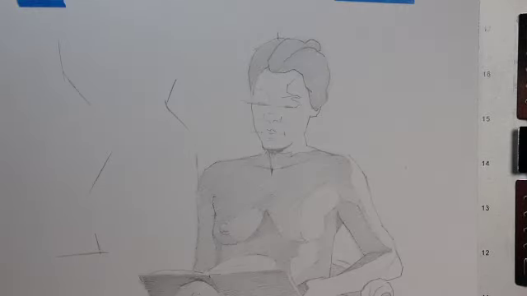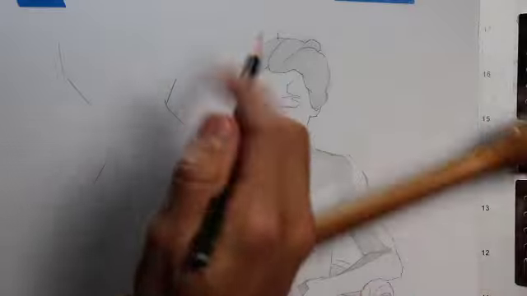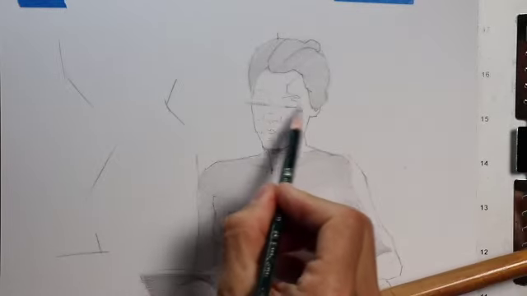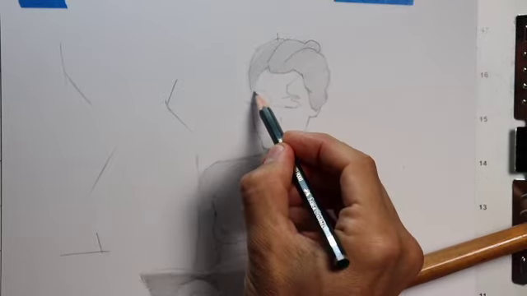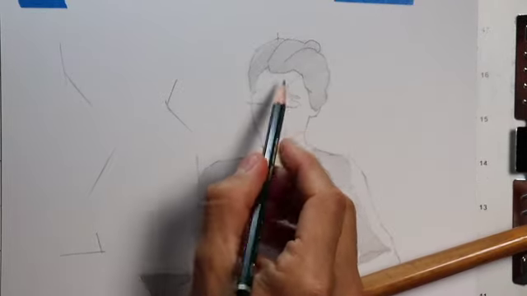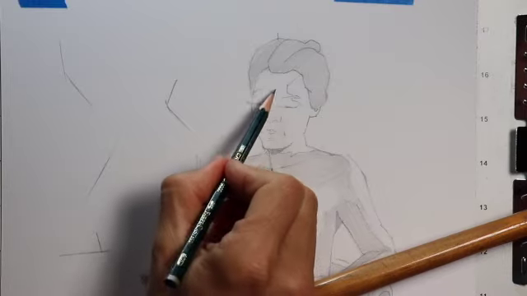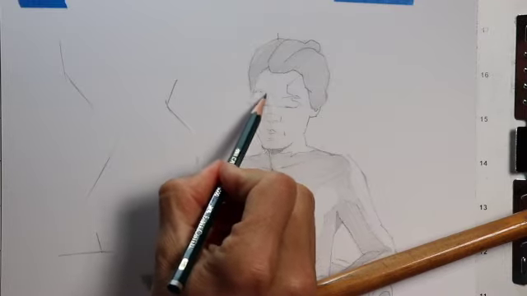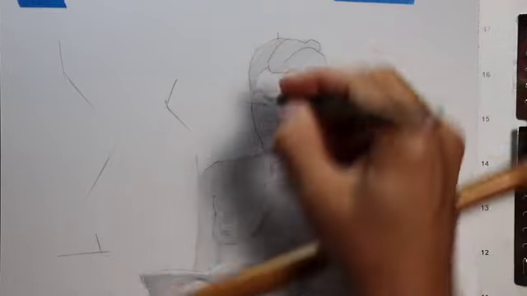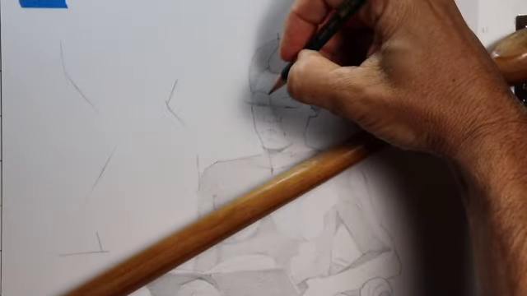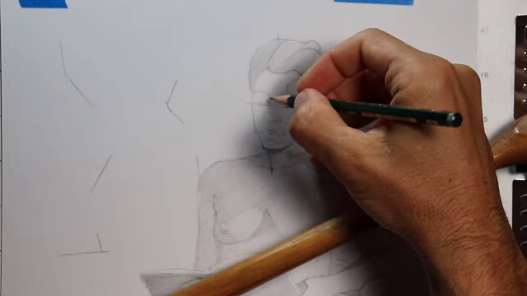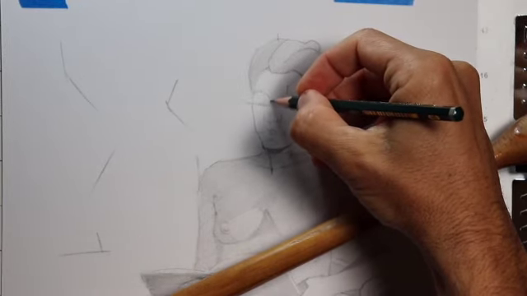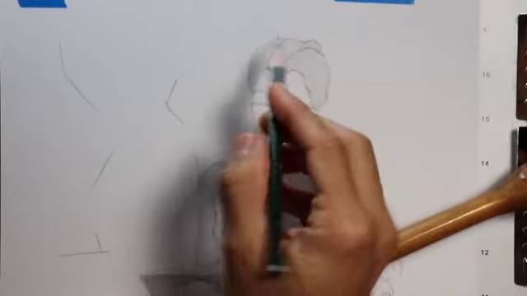I'm going to make sure I use a new HB pencil, and I already have basically the general shape. So the eyebrow goes this way, and then there's a slant going this way, and then it looks like there's a curvature like so.